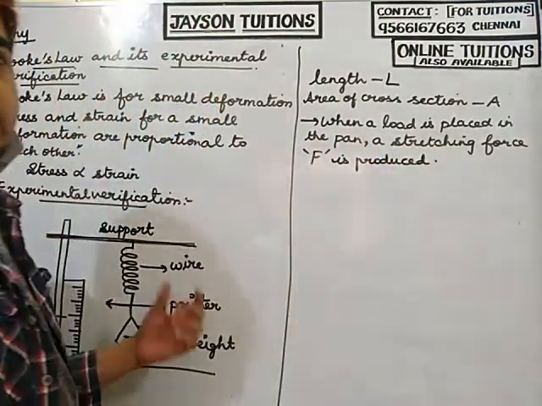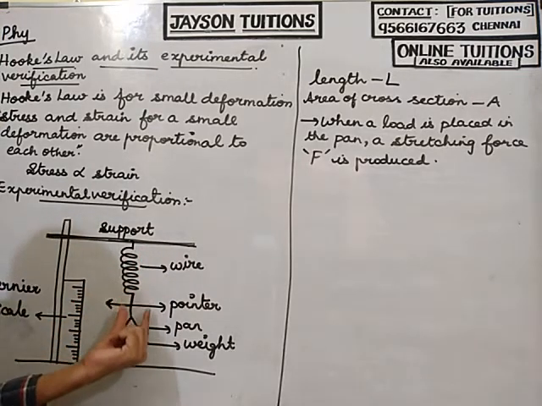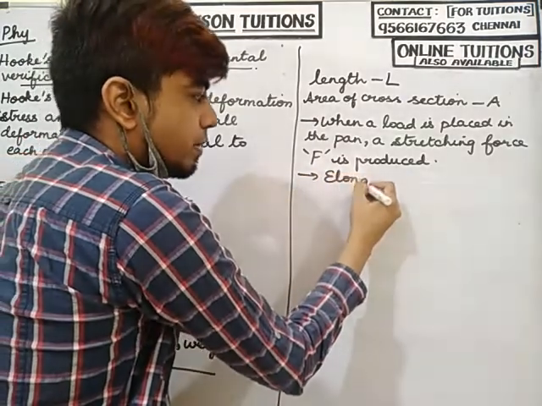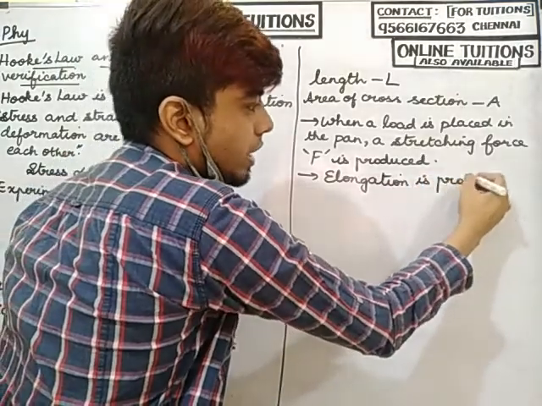Because of this stretching force, what will happen? The wire also will change its length. It will elongate. So the elongation is produced in the wire.